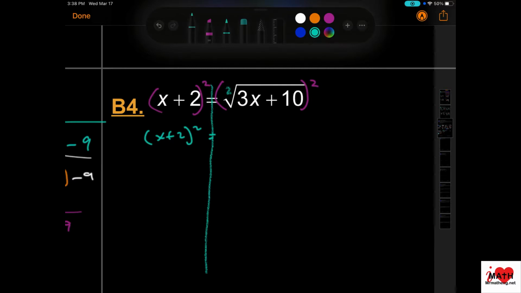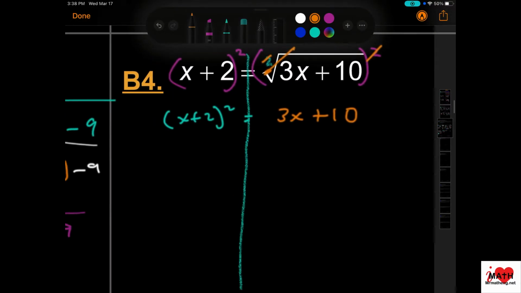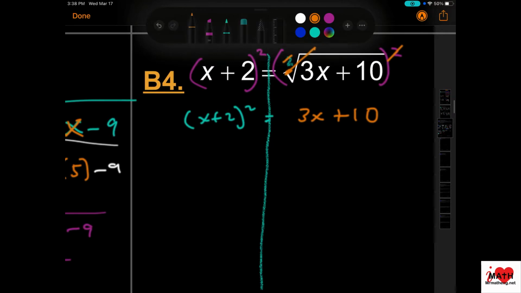Over here, this 2 and the radical sign cancel, so you're just left with 3x plus 10. Okay, you wouldn't do something like square root of both sides because you can just simplify it. So the exponent tells you have 2 of them, right?